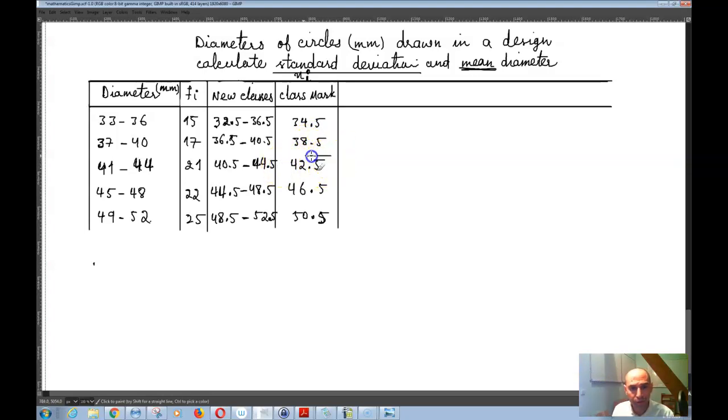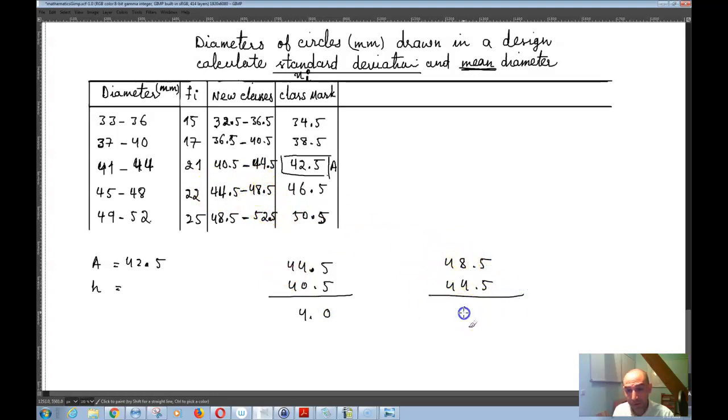I take this as A, and your class size h is, for example, 44.5 minus 40.5, which is equal to 4. Or 48.5 minus 44.5, which is equal to 4, and so on. So that is equal to 4.